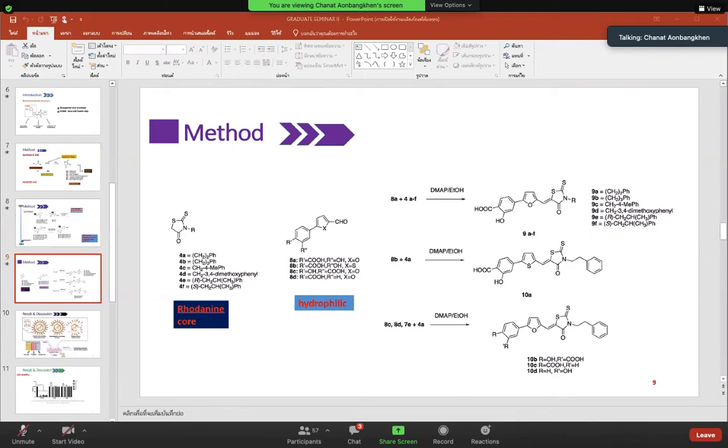The reason basically is because the rhodamine scaffold has both the hydrophilic and the lipophilic part.